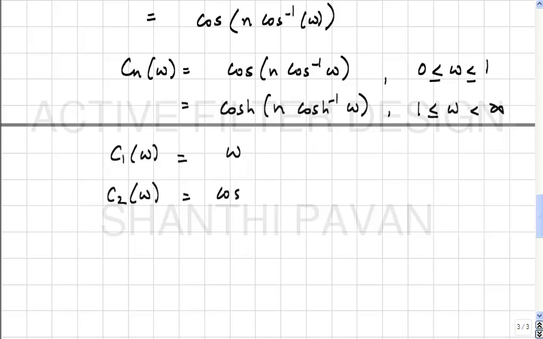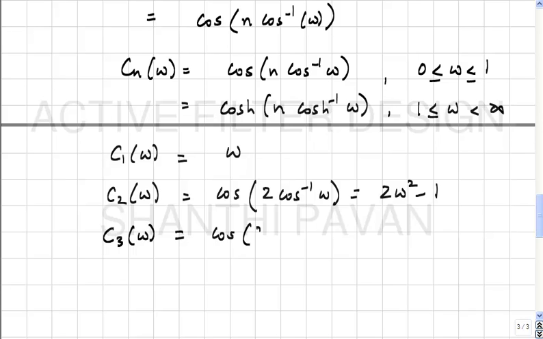It is cos of 2 cos inverse omega, and how will you find this? Can you expand this? Cos 2 theta is 2 cos square theta minus 1. Correct? So what is this C2 of omega? 2 omega square minus 1, and we see, lo and behold, this is indeed a polynomial. Okay? C3 of omega is what? Cos of 3 cos inverse omega, and what is cos 3 theta?